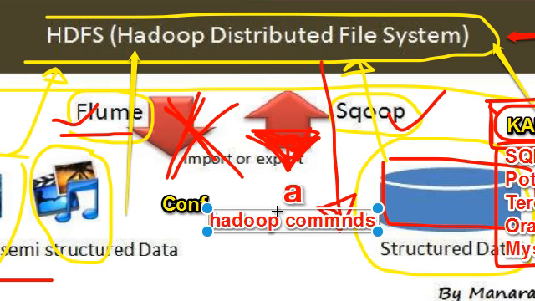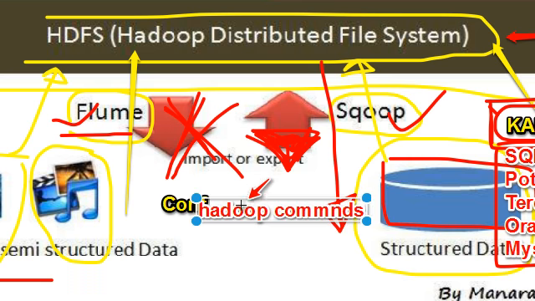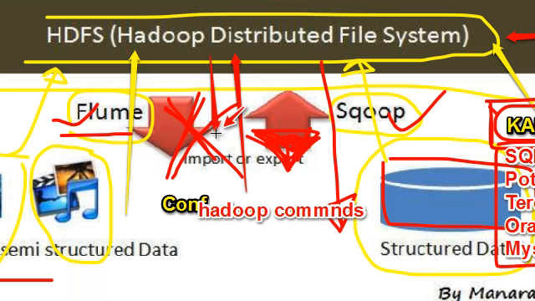So if you have a file available in your Unix cluster or Unix machine and you wanted to move that file into Hadoop, you can use the Hadoop commands and move the data into the Hadoop distributed file system. There is a command to move data into the Hadoop file system. There are commands to move the data out of the Hadoop file system and put it into the normal file system or a Unix file system.